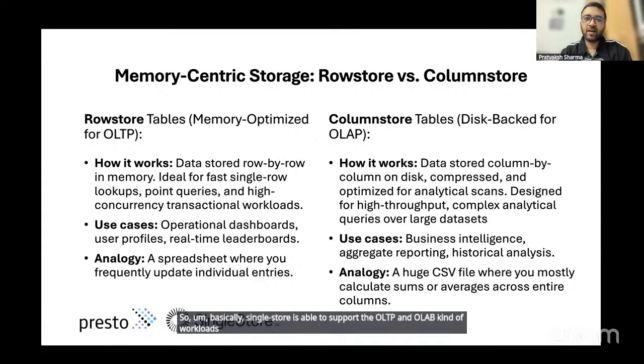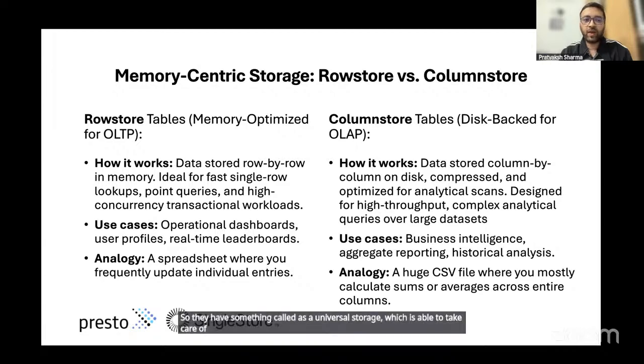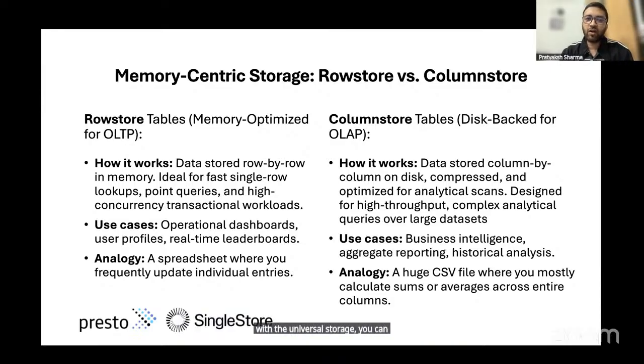And there is a new term, HTAP, which they have devised, which is hybrid transactional analytical processing. They have something called universal storage, which is able to take care of OLTP and OLAP kinds of workloads, right? So you don't need separate tables. Rather, with universal storage, you can take care of both kinds of workloads with a single table itself.